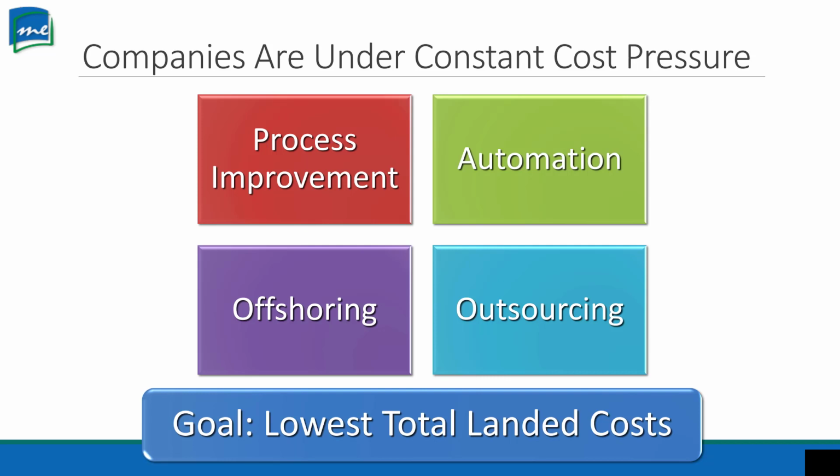All these different areas can be outsourced. Your janitorial services, keeping your place clean, you might hire a contractor. They're not your employees, so you're outsourcing that to another company, and they come in and do the cleaning of your building. So all this is trying to reduce cost to get that lowest total landed costs.